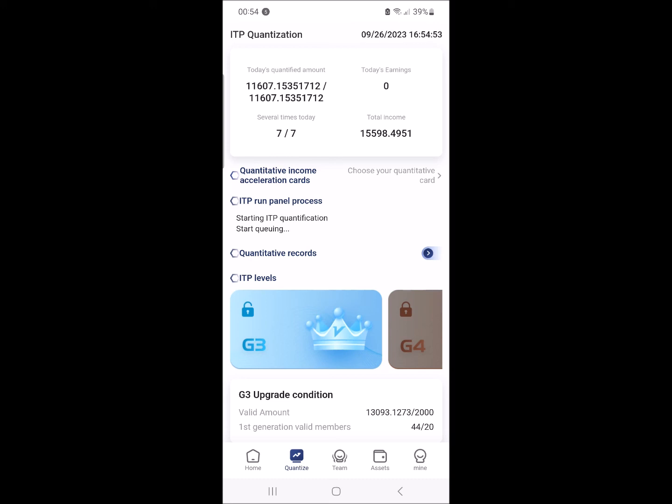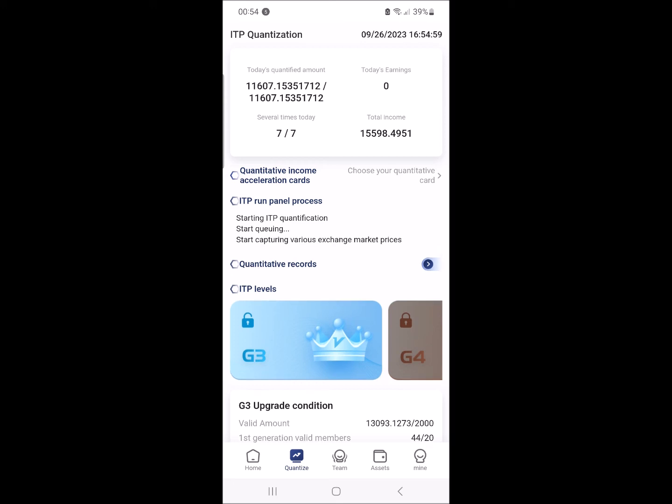Right, it's starting to queue up all the exchanges around the world which sell cryptocurrencies. Now it's starting to capture the market prices from those exchanges.